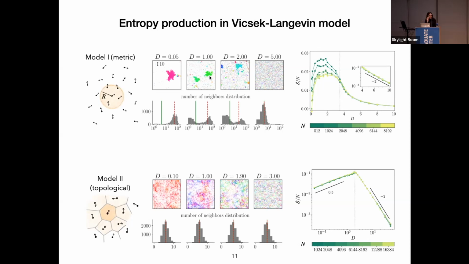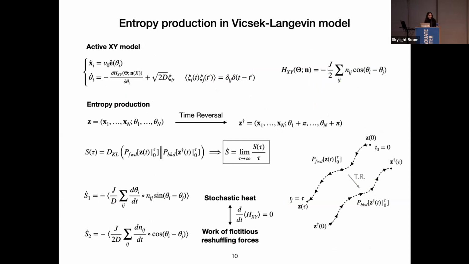Go back one slide. So you break down the entropy production of these two parameters. No, it's not a breakdown. There are two equivalent formulas. You can see them going from S1 to S2 by simple integration by parts.